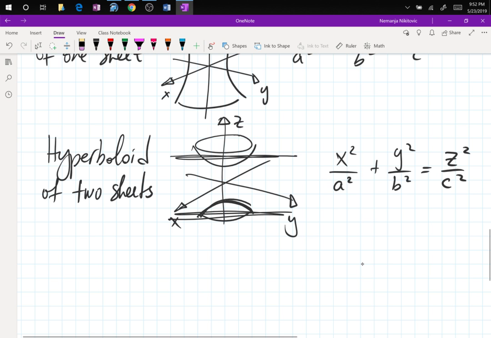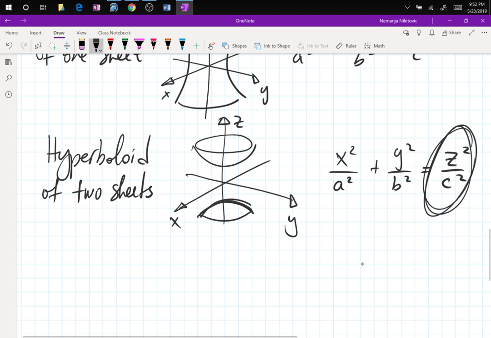So if you cut high enough, or low enough, you are going to get ellipses, because this becomes a number. It can't be a 0 because there is nothing at 0, and that requires x and y to be 0 and so on. So if you cut with z equals 1, z equals 2, z equals 10, whatever works, whatever numbers you get, you will get ellipses and circles as trace.